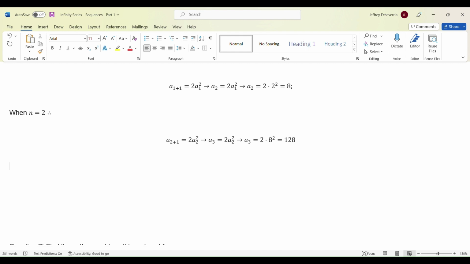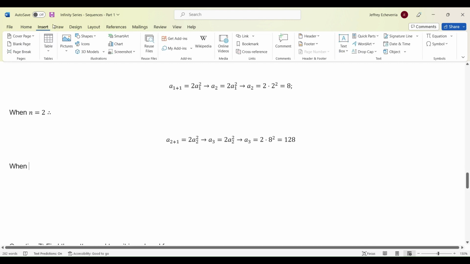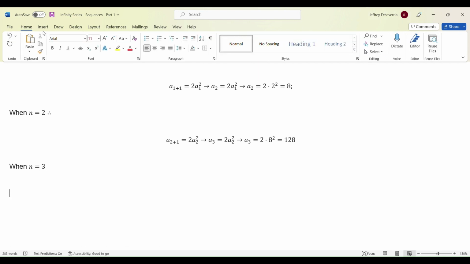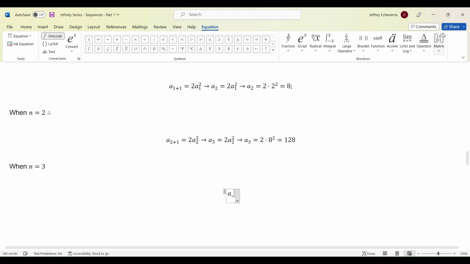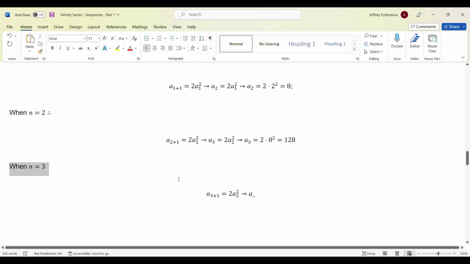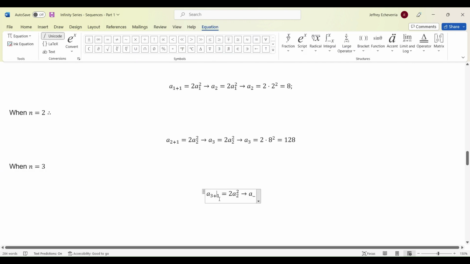So let's do when n equals 3. So now I shall put 3 plus 1, 2 a sub 2 squared. Oh, shoot. I made a minor mistake here. Where did I make my mistake?